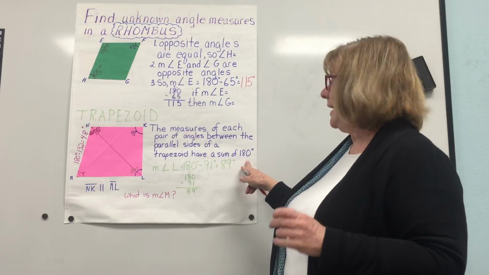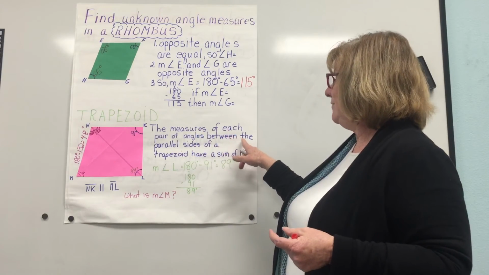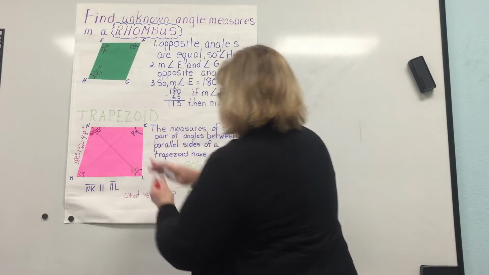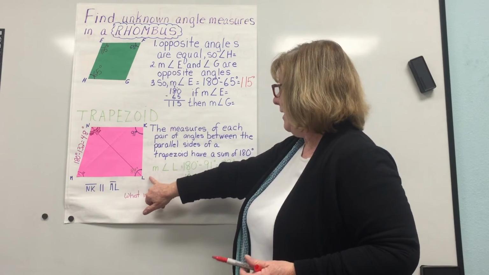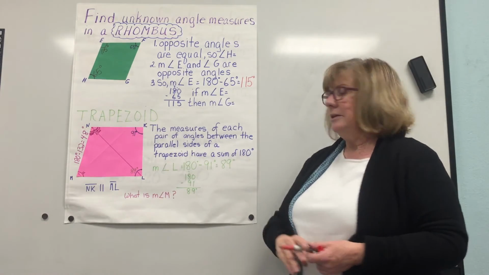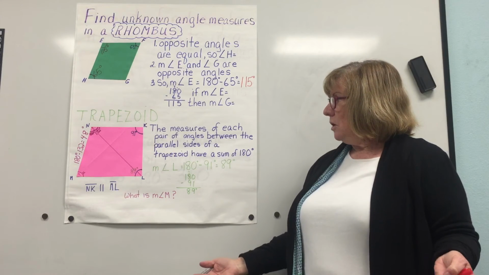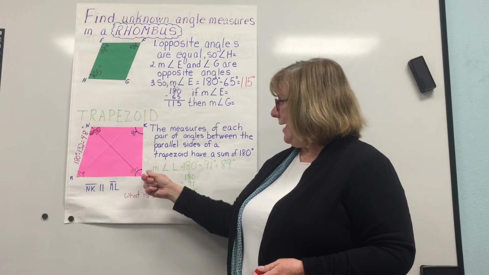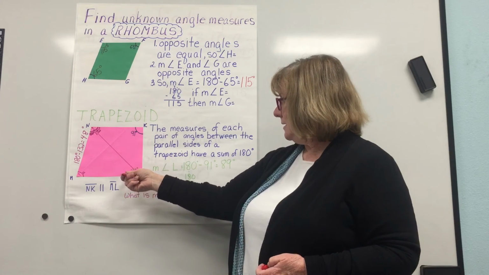So let me say that again. The measures of each pair of angles between the parallel sides, so that's angle K and angle L, need to total 180 degrees. So we know right here that angle L is 89 degrees.